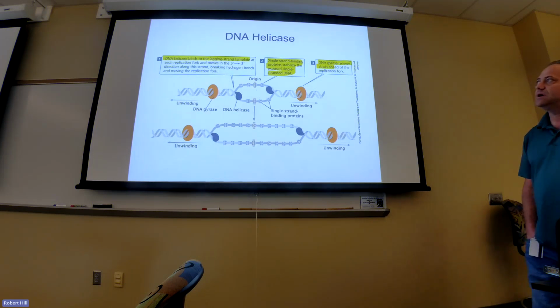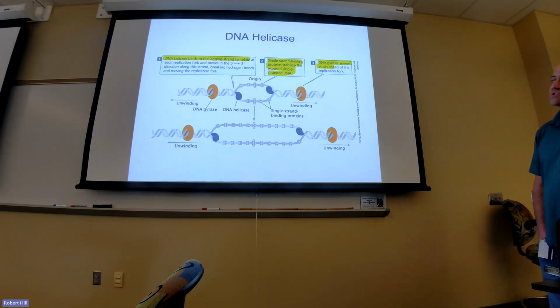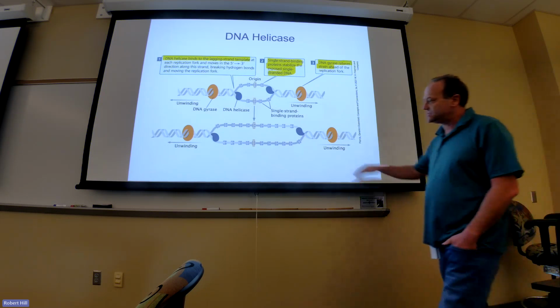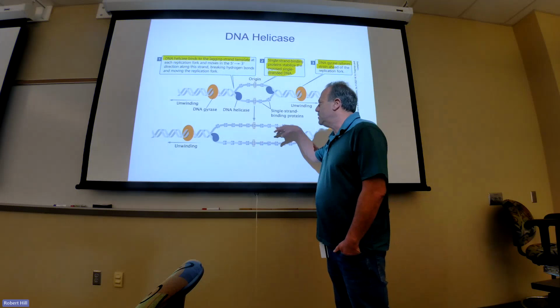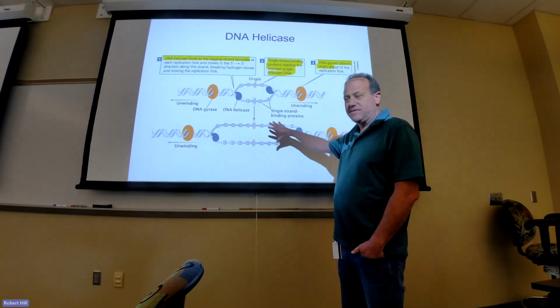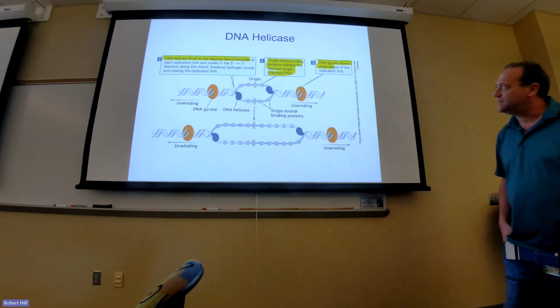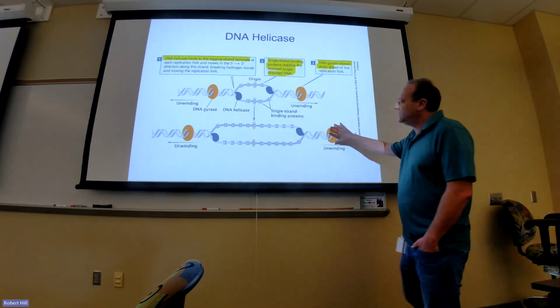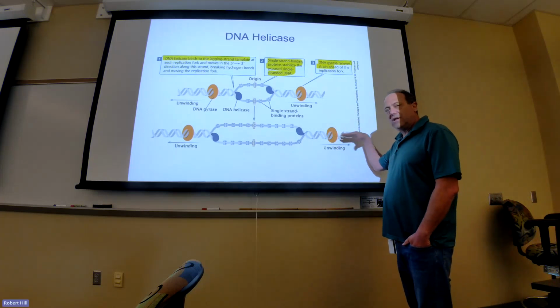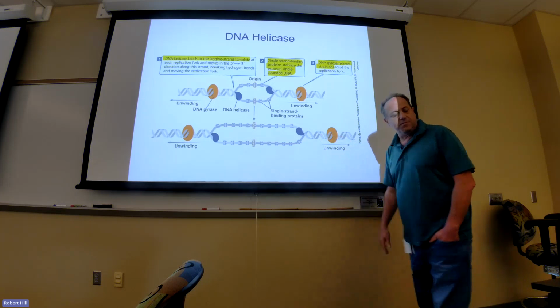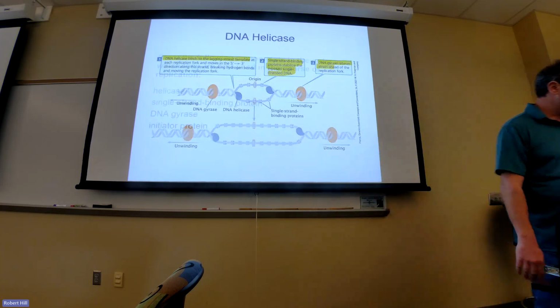So which side does it bind to? It binds to the lagging strand template side. That's the side it sticks to as it unzips it. Then the single-stranded binding proteins come in, see here, and they keep the thing apart. Without those, this would collapse. And then DNA gyrase is ahead of it, nicking it and relaxing the molecule so that it can be properly unwound.